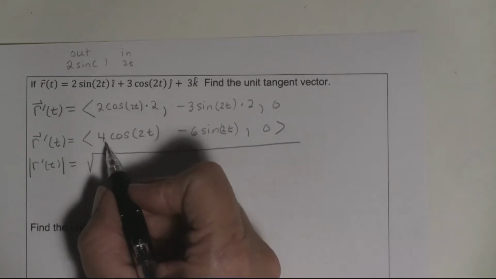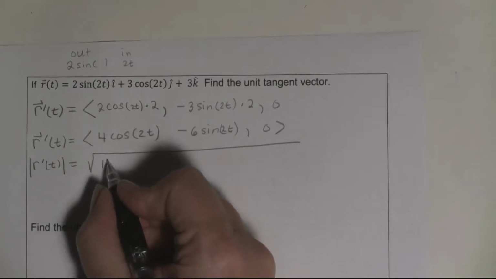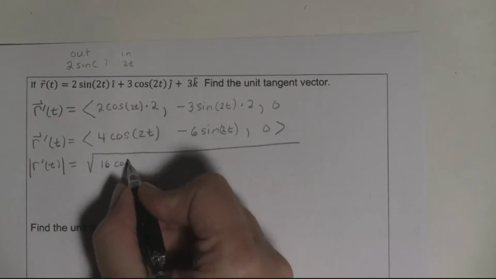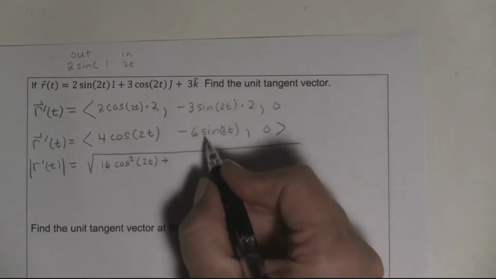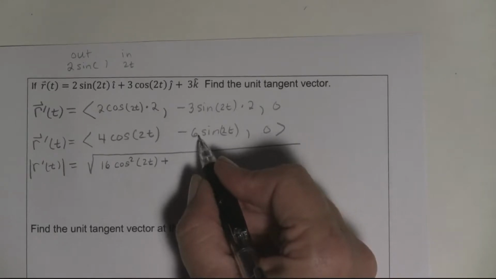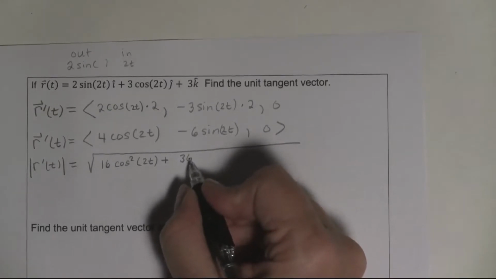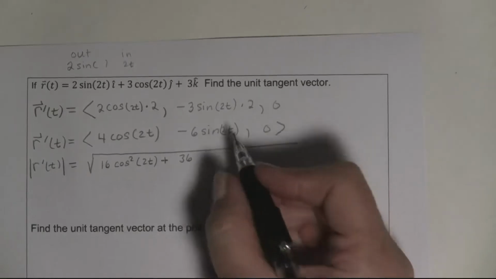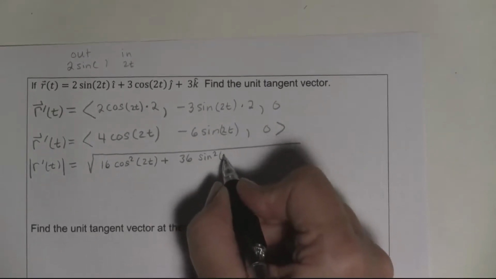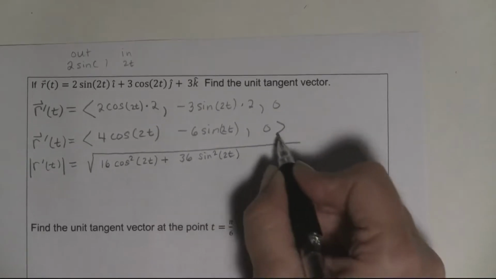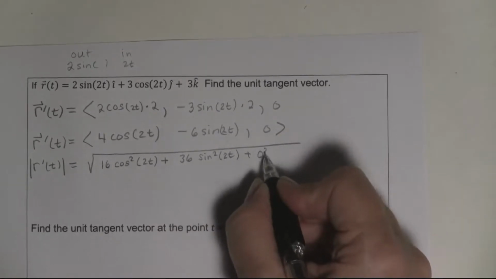So you're going to square the pieces. So this is 16 cosine squared of 2t, right, when you find the magnitude, plus square the pieces, so that's 36. Negative 6 squared is 36. And then when I square this, sine squared of 2t. And then 0 squared.